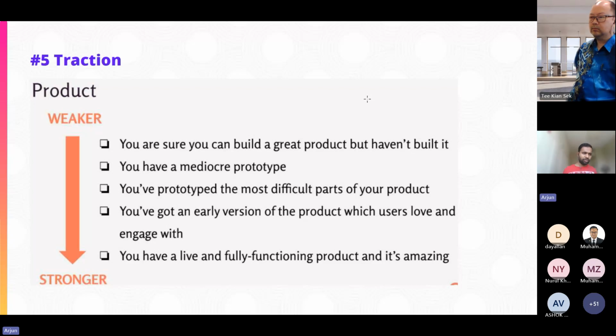But if you have some prototype, you have validated it with customers and they say they are interested, it's an okay traction. But when you have a fully functional product, customers are using it, and it is solving the customers' needs and requirements, then it's a very good traction to achieve.